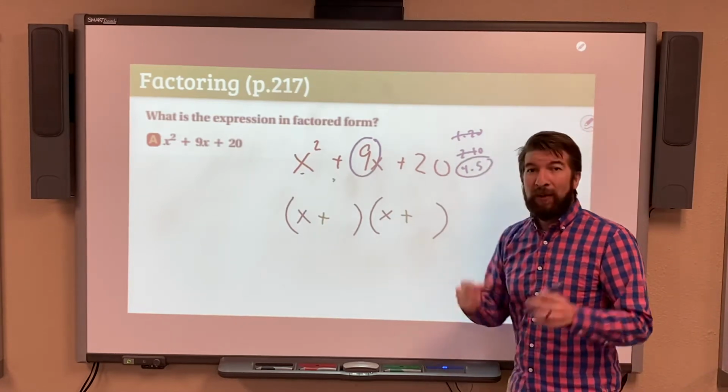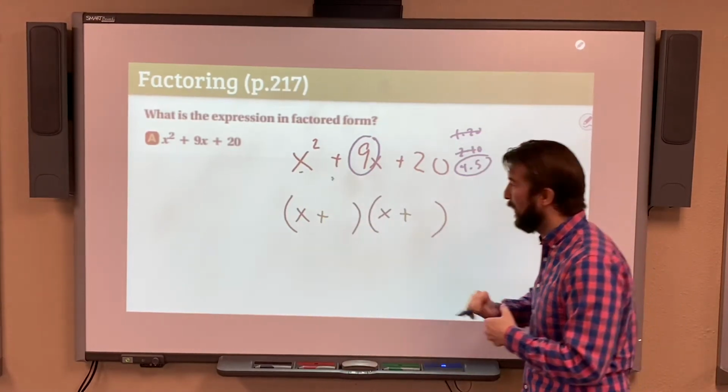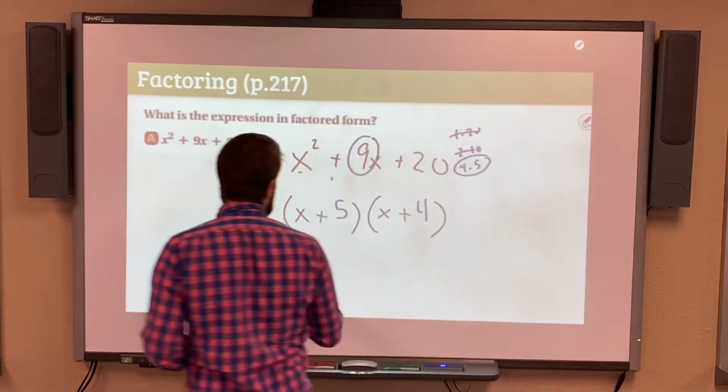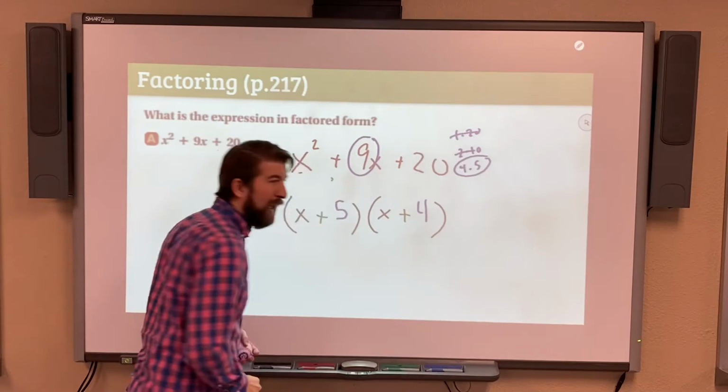Ding, ding, ding. With my method, the highest number goes first. So I'm going to put the 5 here and the 4 here, and my answer is x plus 5, x plus 4.